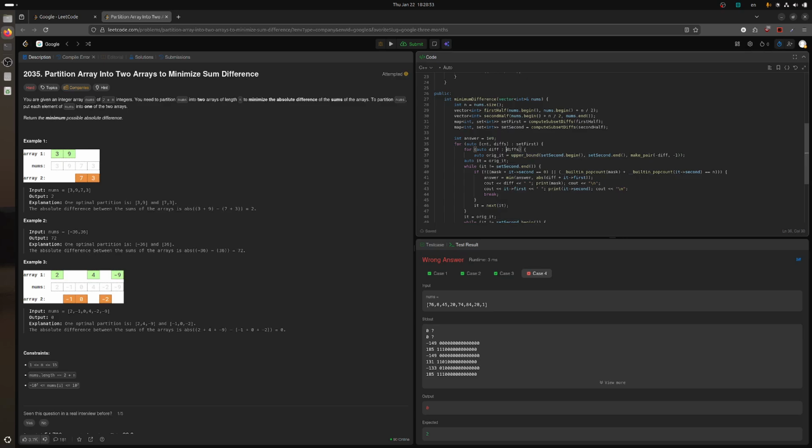So if set second count of n minus count. So if it does not have that, we continue, great.